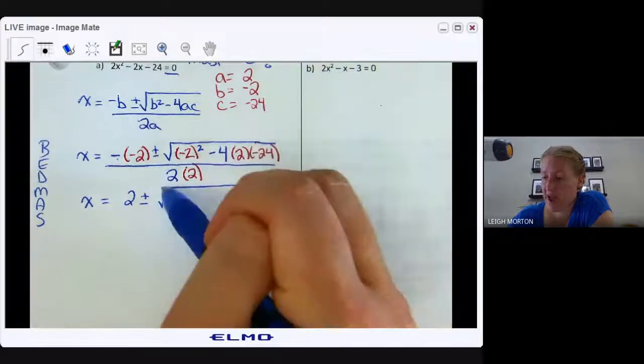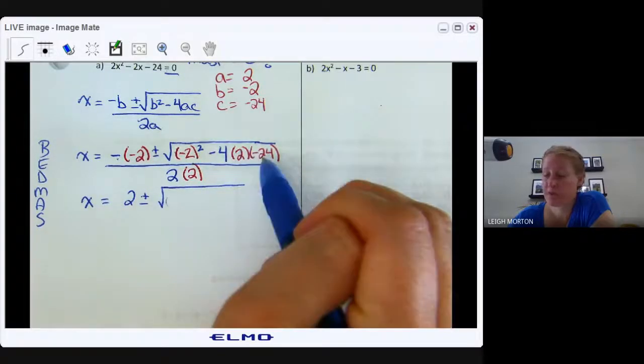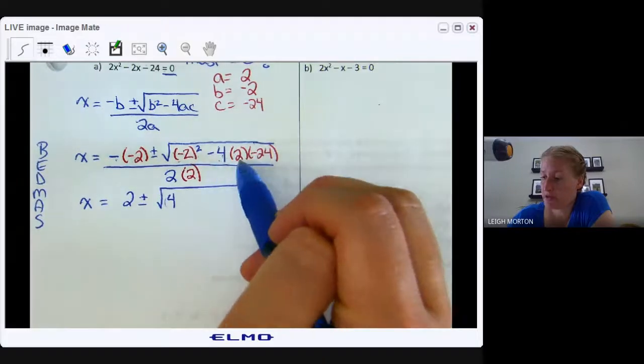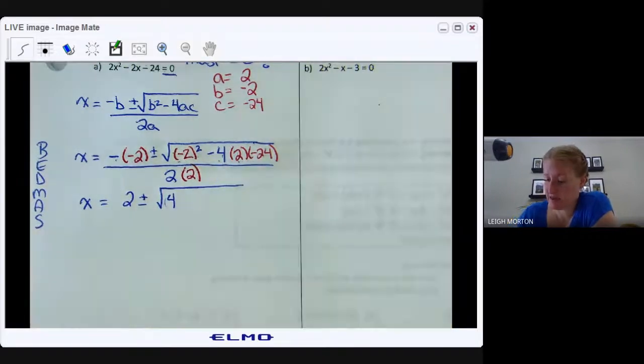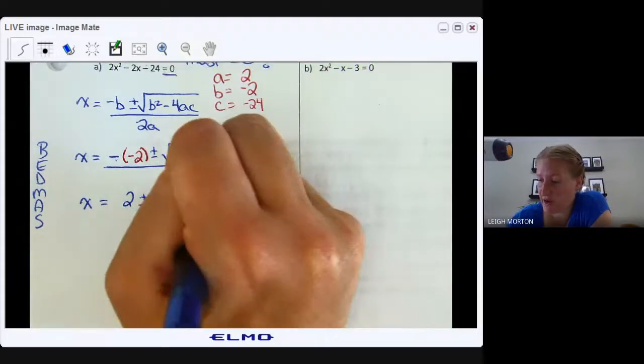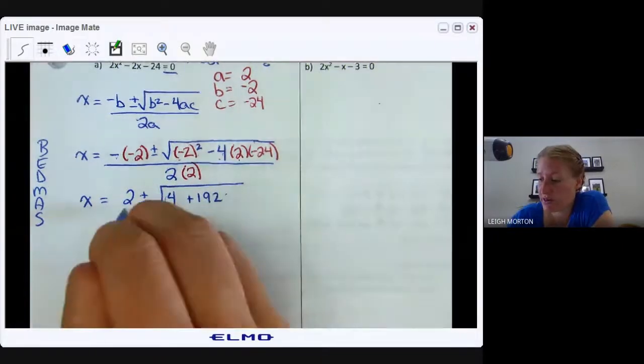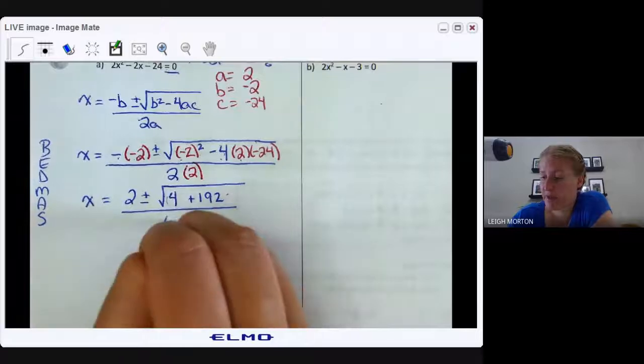Now, the square root acts as a bracket. I have to do what's under the square root first. -2 squared is 4. -4 times 2 is -8. -8 times -24 gives me +192. So I have 4 plus 192 under the square root, and it's over 4.